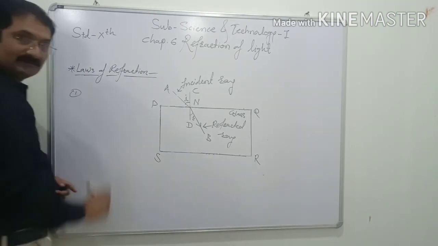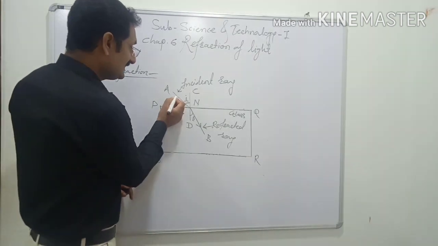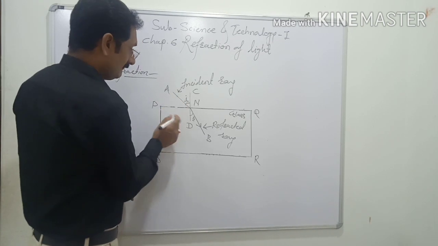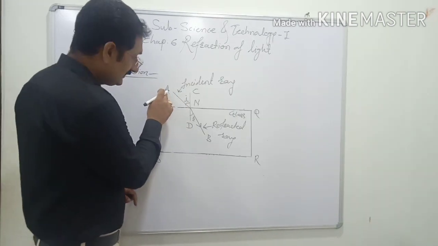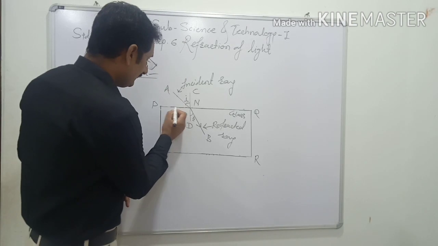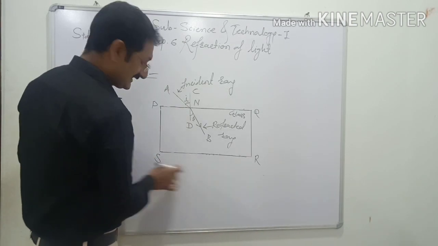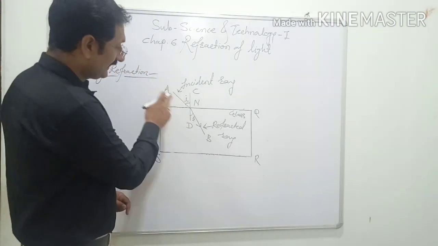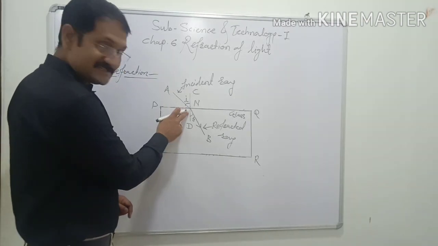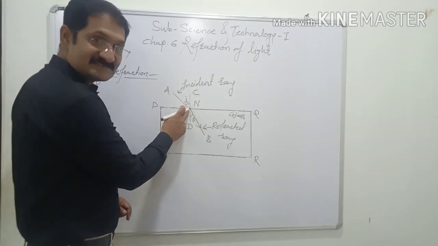Listen. The first thing is that this is the incident ray. From A, the incident ray starts, and PQRS is a glass slab on which the incident ray is incident at the point of incidence, N, on the normal.